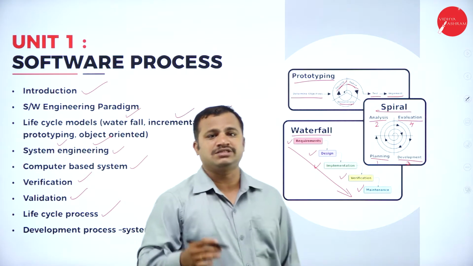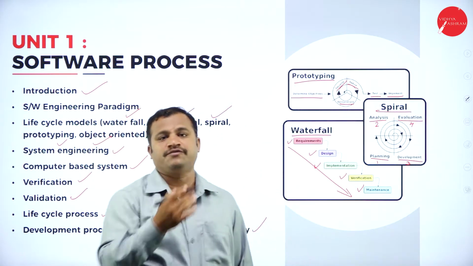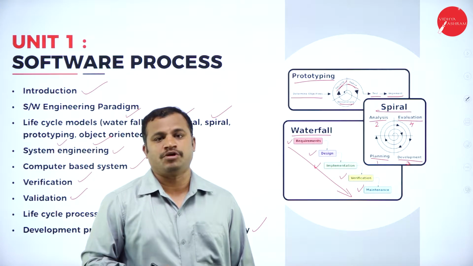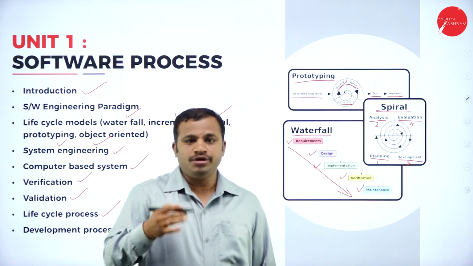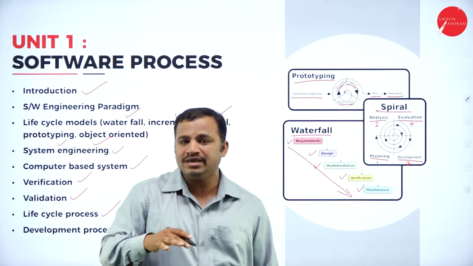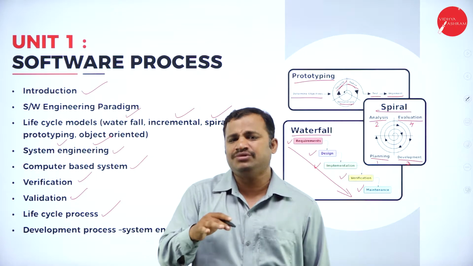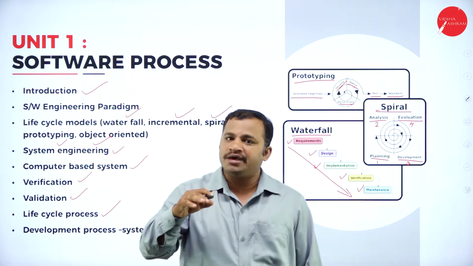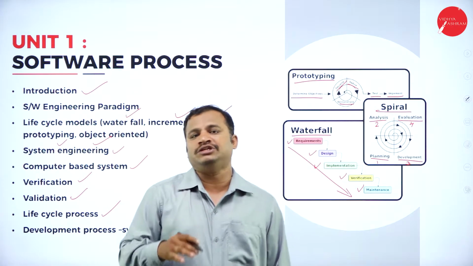In all these cases, you will come across different types of phases in each of these software development process models. I'm not going into the details of these models at this initial stage itself, since you need to have the words which I'm using here in software engineering.